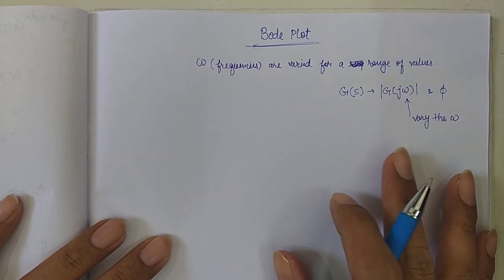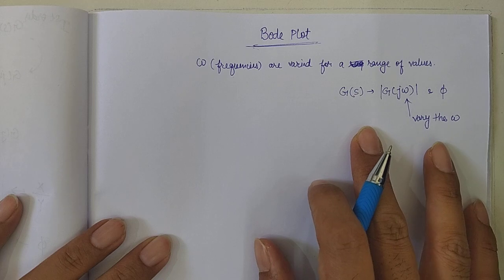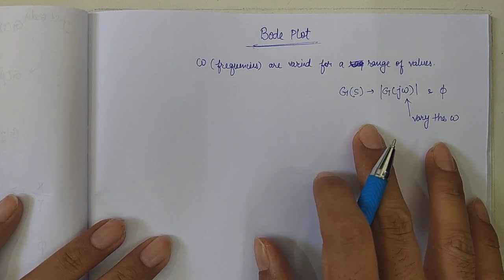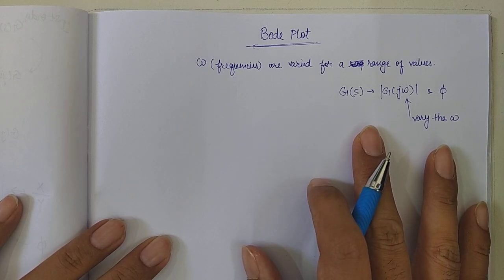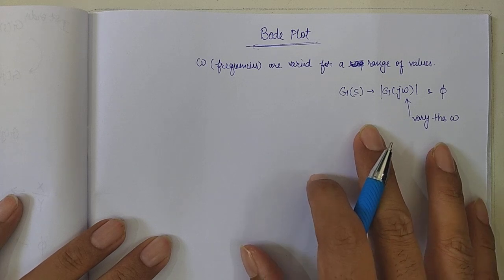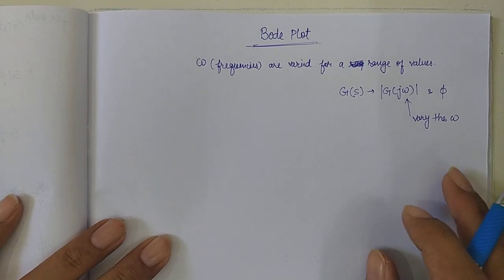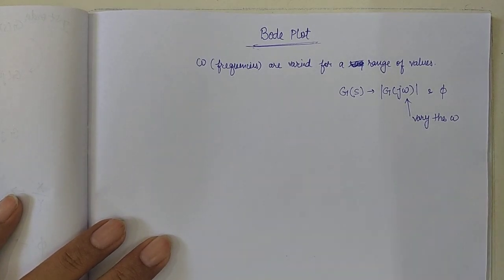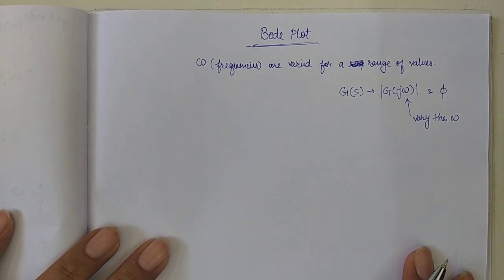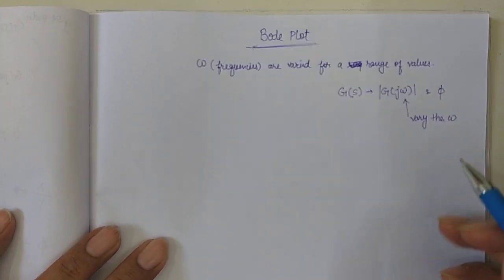But we are not going to talk about the stability, phase or gain margins in this particular course. These gain margin and phase margin concepts demand higher courses such as control theory.